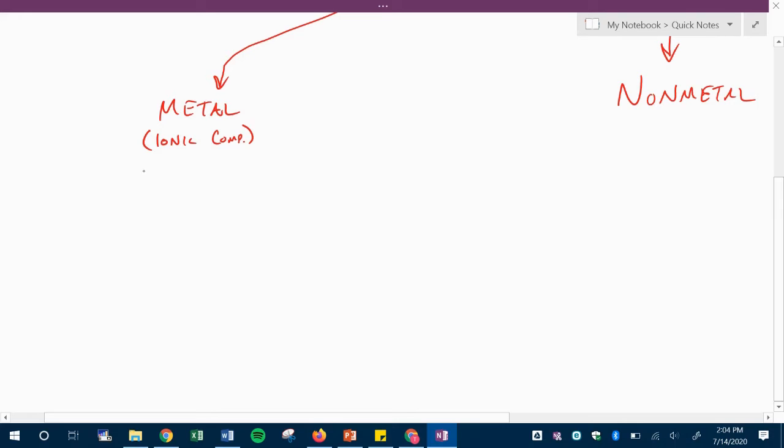So remember, for our ionic substance, it goes name the cation, name the anion, and remember, for naming the anion, the last bit, the ending, changes to "ide."